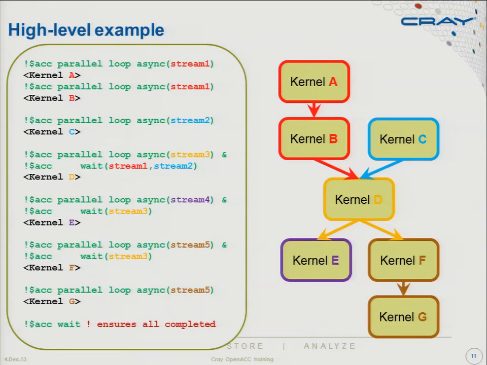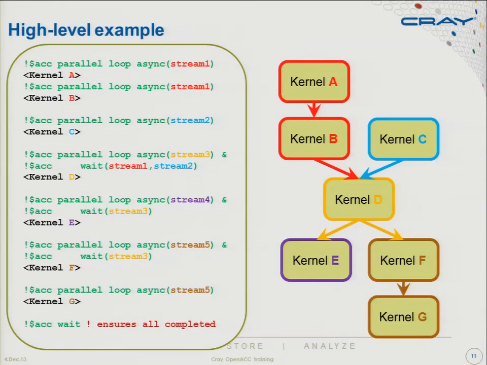And the way this works in OpenACC now is that you say, do A, do B, same handle, so B will follow A. Do C with a different handle, so it can overlap. The two streams can overlap. But then here I say, here's D. When you do this kernel, wait for this stream and this stream to finish. And then you can start and use this stream.